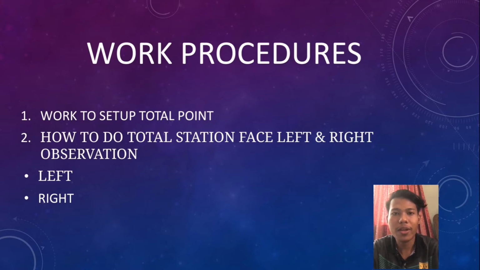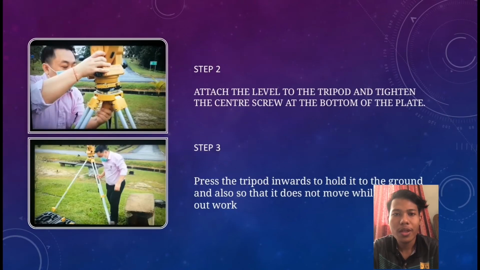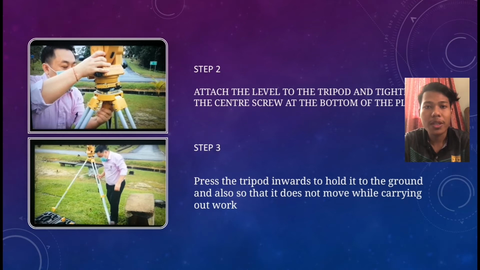For the work procedure, how to set up the total station and how to do face left and face right observation. Step 1, set up the tripod on solid ground and settle it over the station marker. Step 2, attach the instrument to the tripod and tighten the center screw at the bottom of the instrument. Step 3, press the tripod legs into the ground so that it does not move while being carried outward.